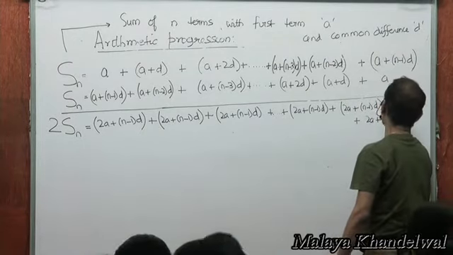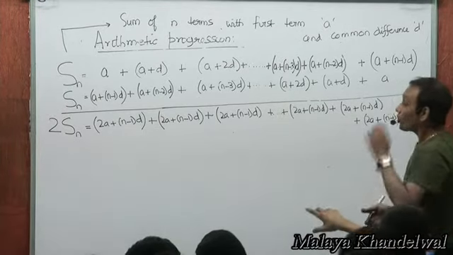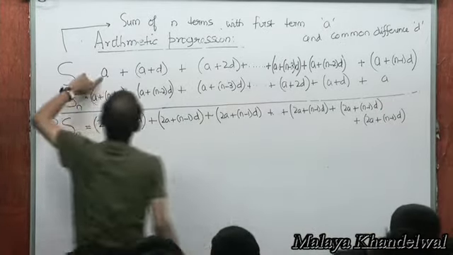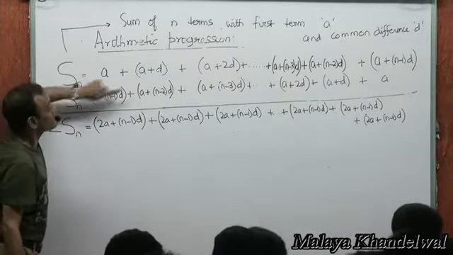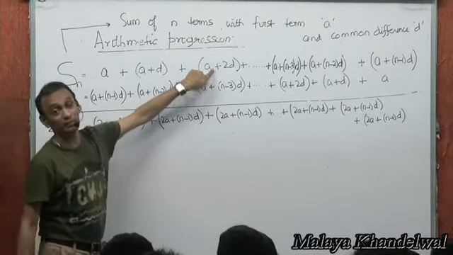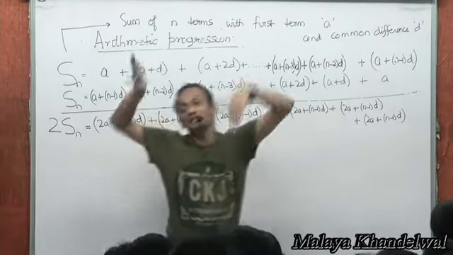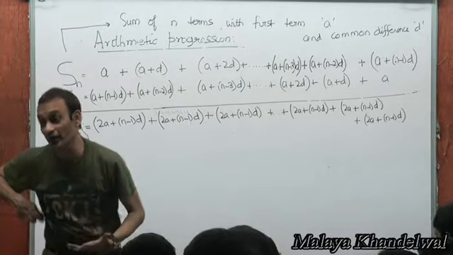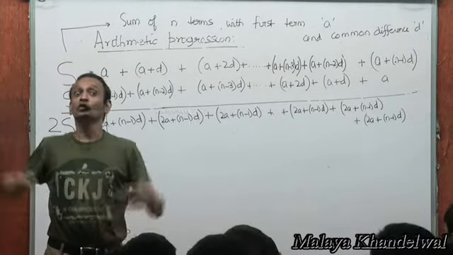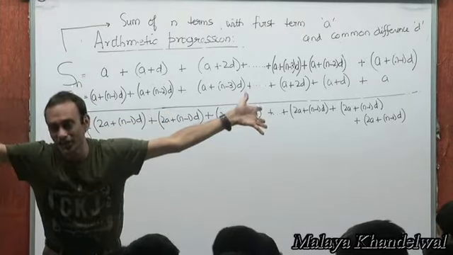Hey, do you realize one thing, one property that emerges? First term plus last term is the same as second term plus second last term, is the same as third term plus third last term, is the same as fourth term plus fourth last term, yes or no? In an arithmetic progression, sum of terms equidistant from the beginning and end is a constant.